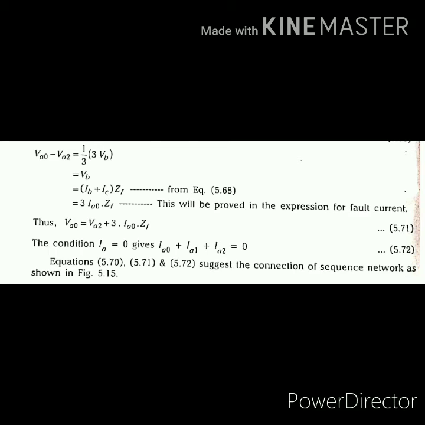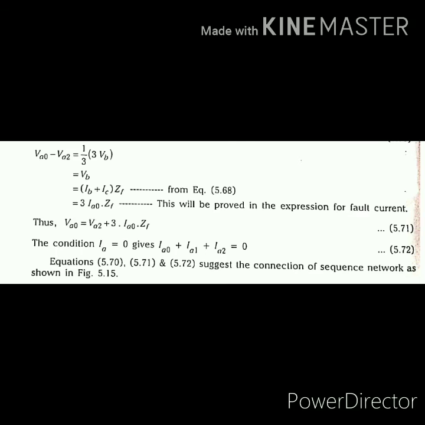There we'll see. So VA0 is equal to VA2, therefore we are modifying equation 5.70: VA0 is equal to VA2 plus 3 times IA0 into ZF. And the condition IA is equal to 0, which we have proved, gives IA0 plus IA1 plus IA2 is 0, because the sum of all the sequence currents is IA.